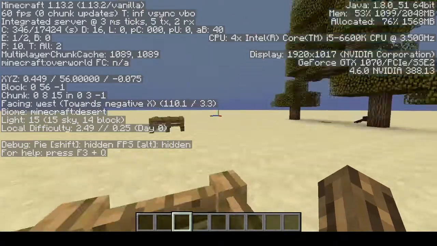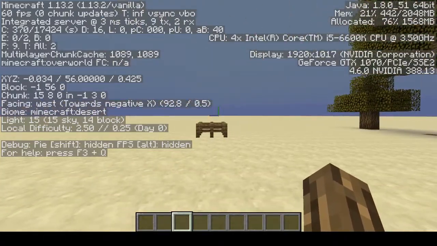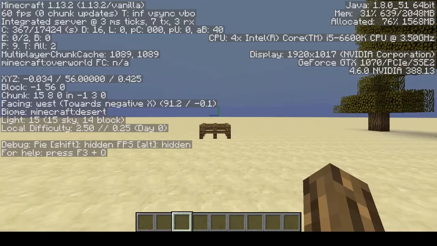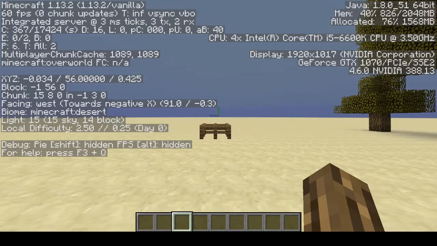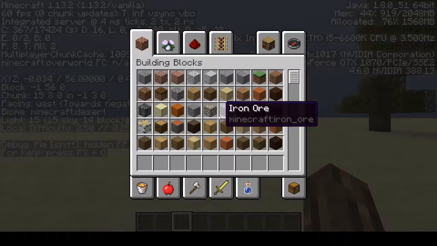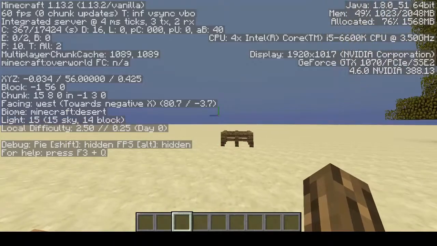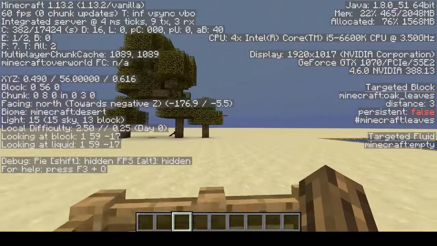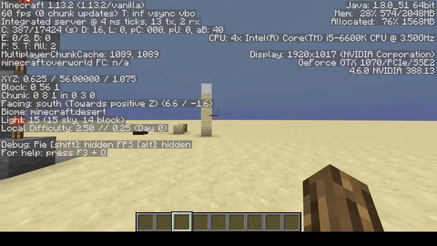That's the north direction. West is going to be towards the negative x, as you can see here. It's 90 degrees. It is towards the negative x in all your grids here. South is towards the positive z, because this was negative, so this obviously is going to be positive.